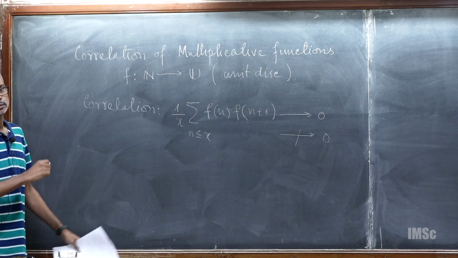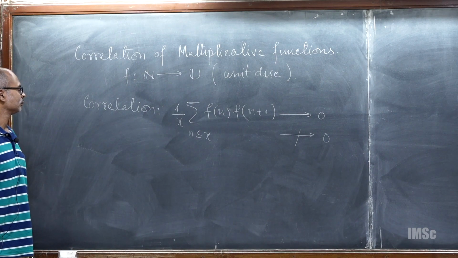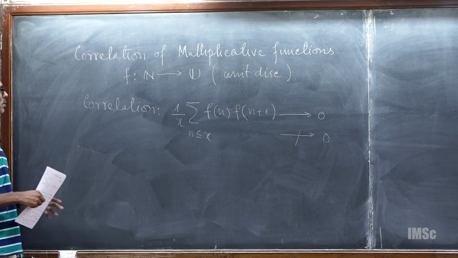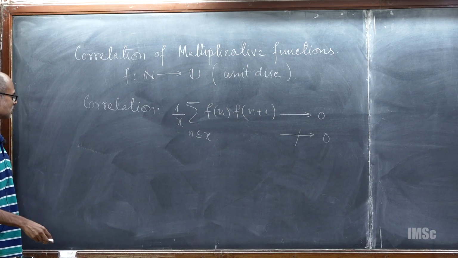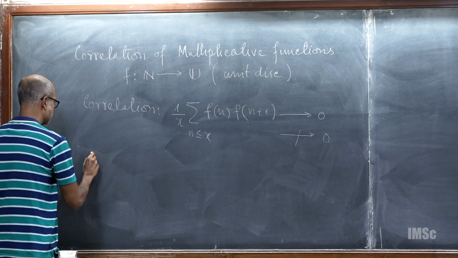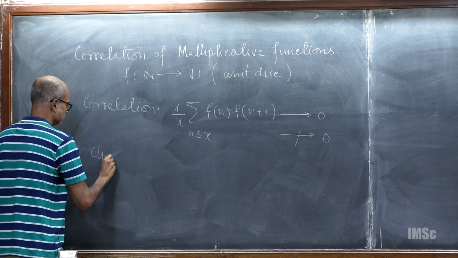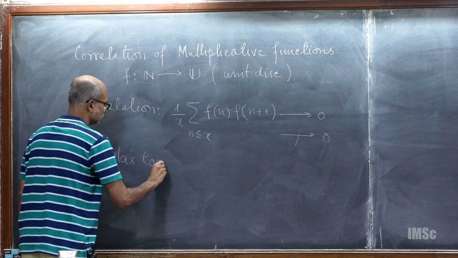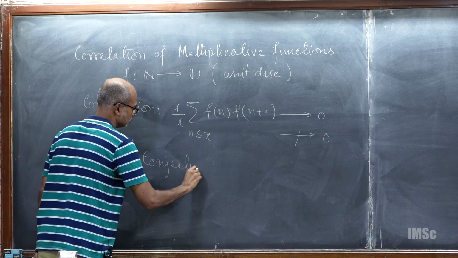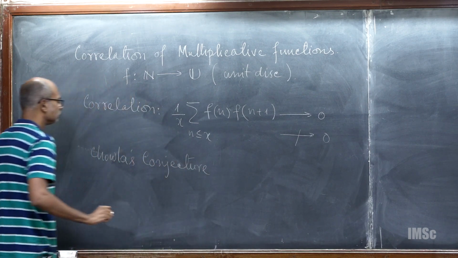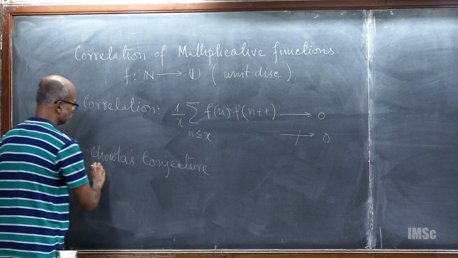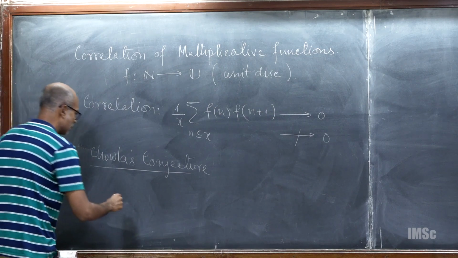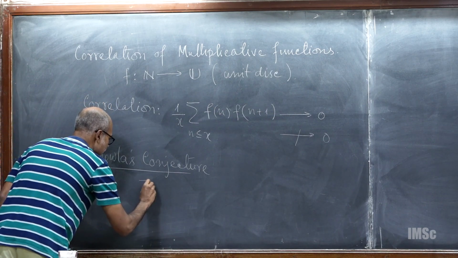So of course one of the central themes is the big conjecture, Chowla's conjecture. So I'll write it down. One version of Chowla's conjecture is the following.